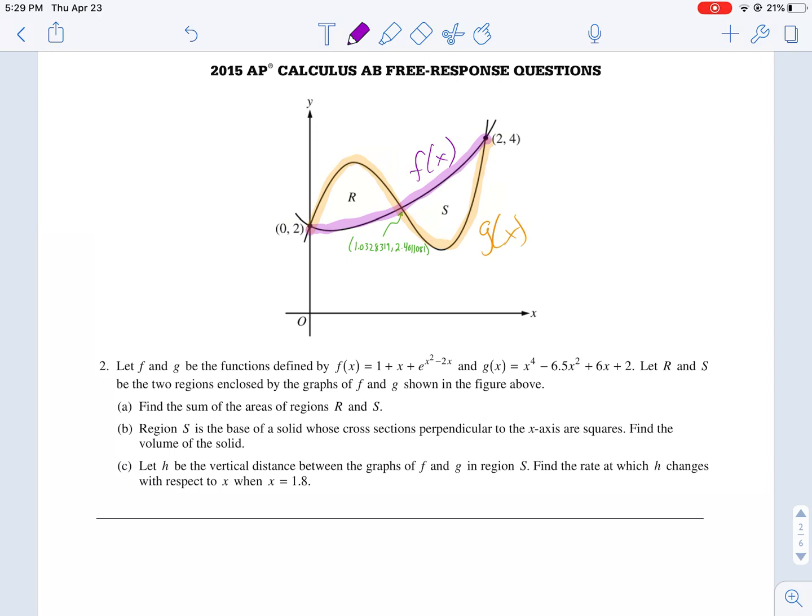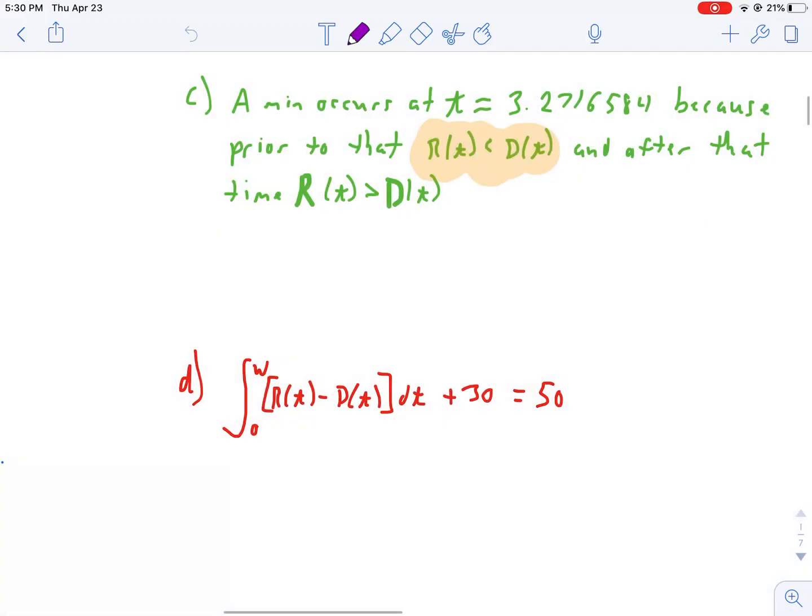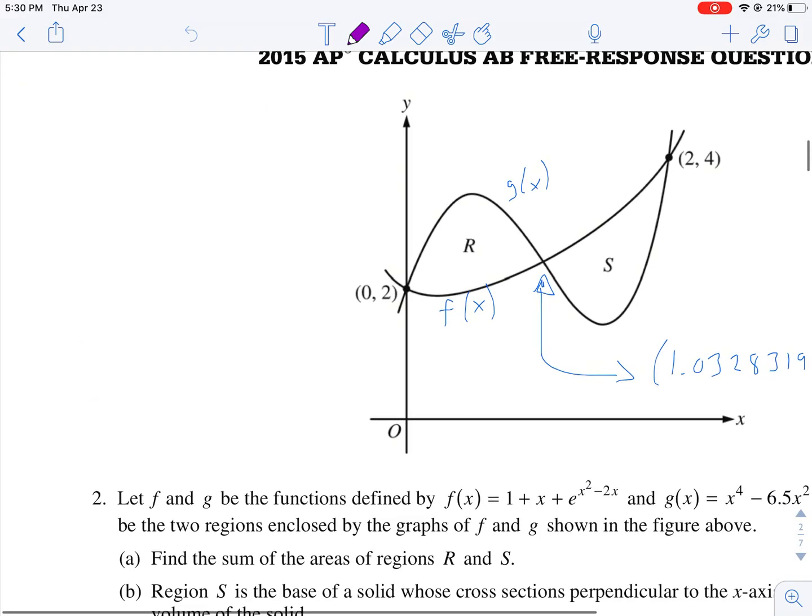Because to find the area of a region, you do the integral of the curve that's above minus the integral of the curve that's below. So we're going to do 0 to the intersection point of orange minus purple, so g minus f, and then from the intersection point until x equals 2, we do f minus g. So here this is written down for you.